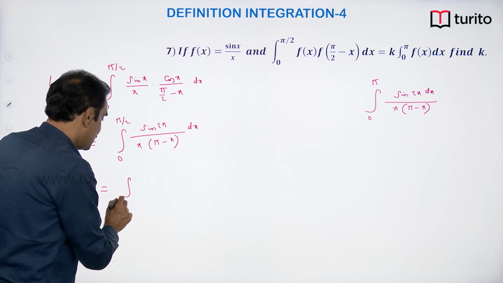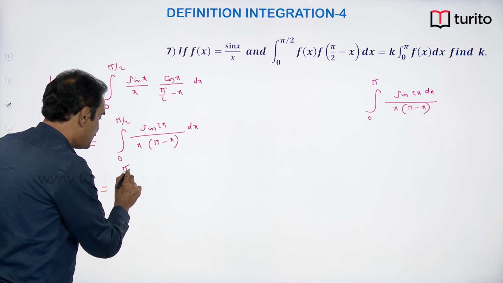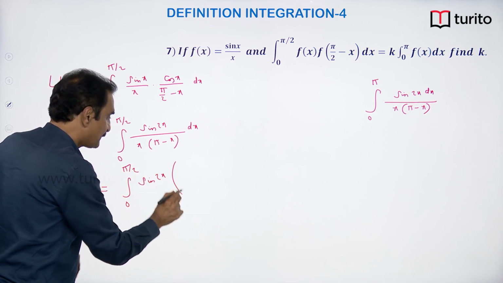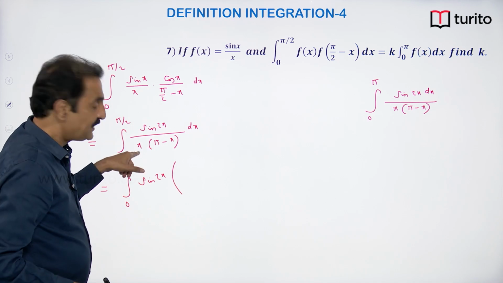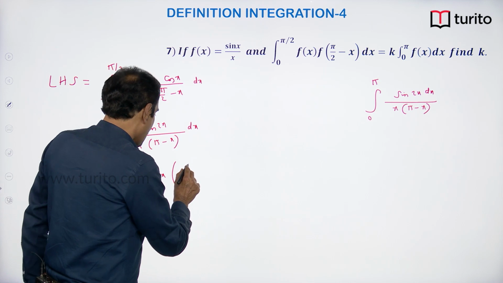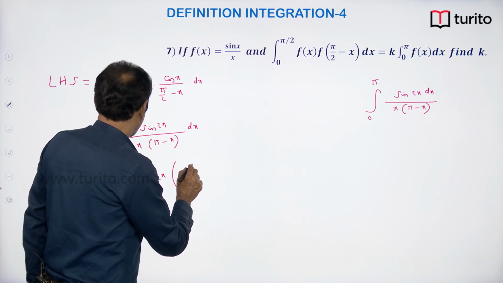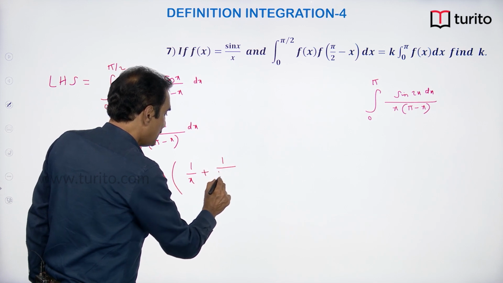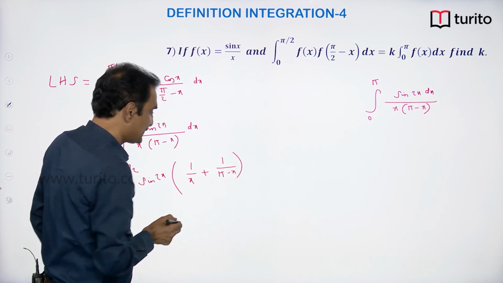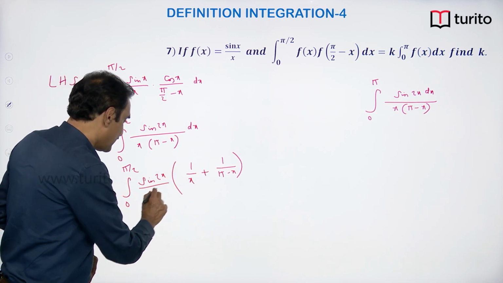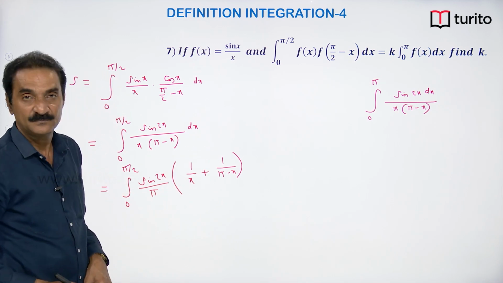We will write it as integral 0 to pi by 2 sin 2x into 1 by x plus 1 by pi minus x. Then if you simplify, you are getting the numerator as pi, so you have to divide by pi, dx.